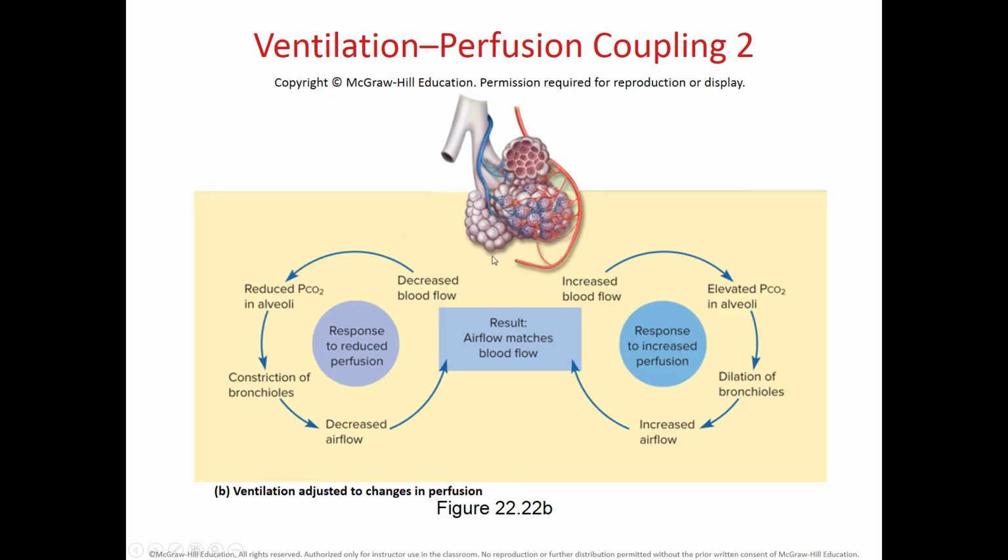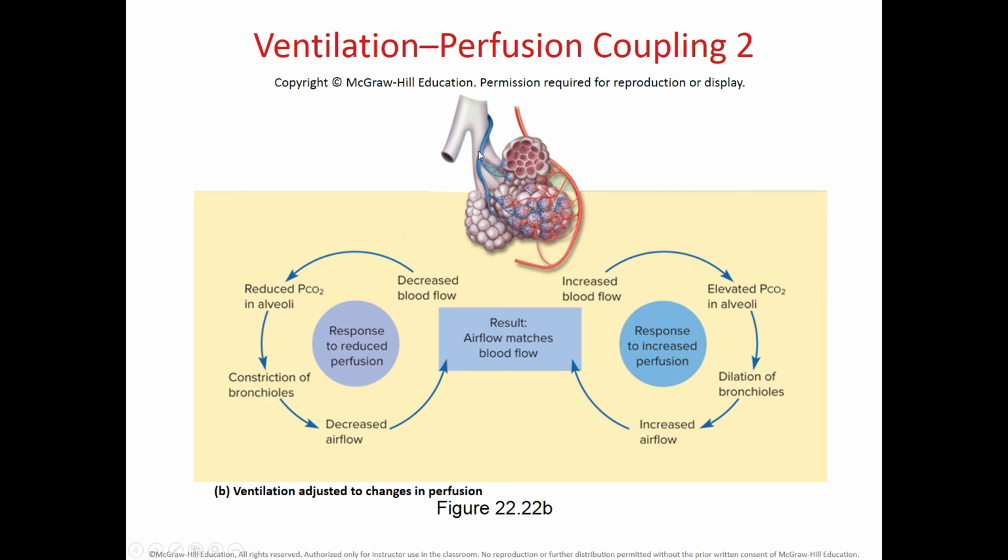And then your ventilation can also be adjusted to changes in perfusion. Now your blood vessels. So if you have a decreased blood flow, because maybe you have a blood clot that is obstructing one of the branches of your pulmonary arteries or your bronchial arteries, you will have a reduced delivery of CO2 into your alveoli. So you have a reduction of your partial pressure of CO2 that will constrict your bronchioles.